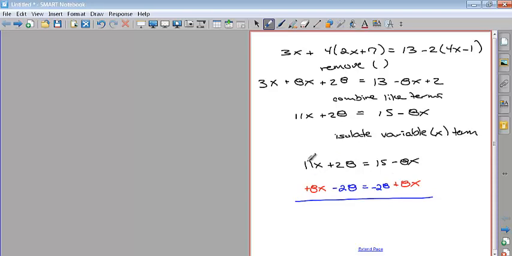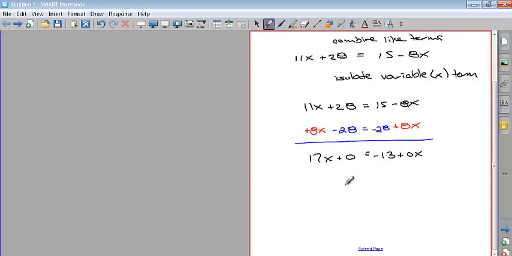So when we add that, we get 11 plus 8 is 17x. That's 0. 15 minus 28 is negative 13. And these go to 0. So you don't really have to show the zeros if you just want to go straight to this. So that's isolated the variable term.